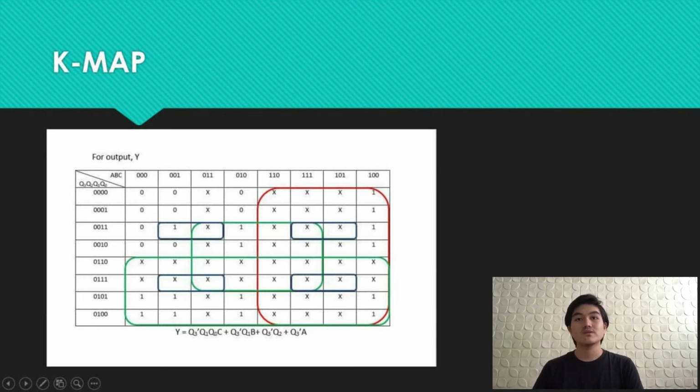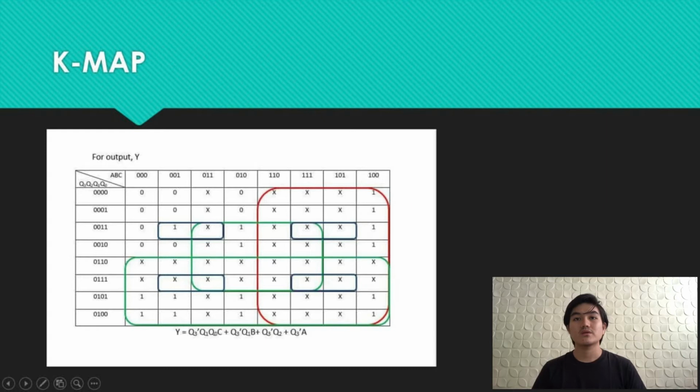The first one is to find the equation of output Y. The vertical column will be our present state, which is Q3, Q2, Q1 and Q0, and the horizontal column will be our inputs, which is A, B and C. We fill the grid of the K-map based on our output Y from the truth table with zeros, ones and X, where X is don't care, and solve it by making groups.